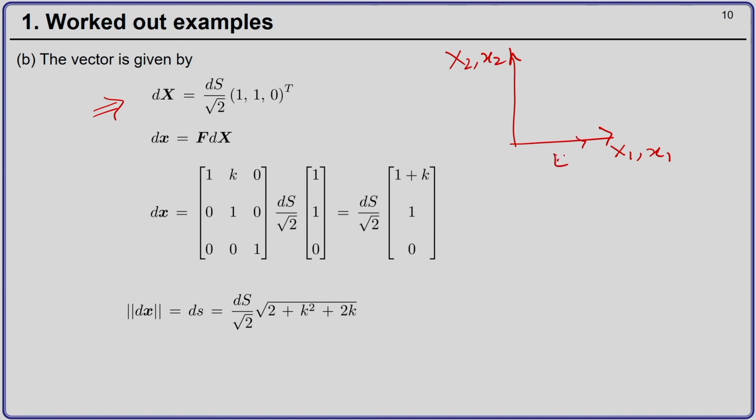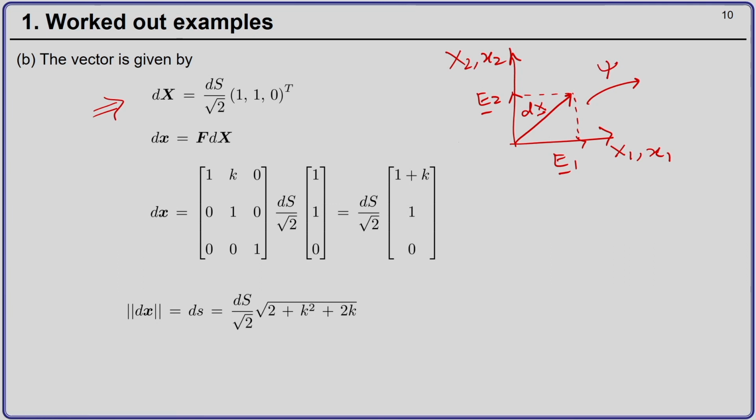This is your E1 vector, this is your E2 vector, and we want to find out what happens to this vector, which is nothing but E1 plus E2, after the deformation.